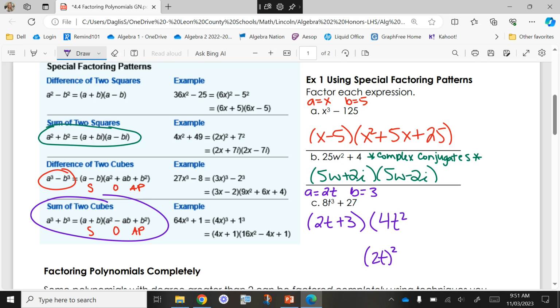Our next sign is opposite, so it's going to be a minus. Your middle piece is a times b. So that's 2t times 3, which is 6t. And then always positive. My last piece is b squared. So what is 3 squared? 9. Like that. There you go.